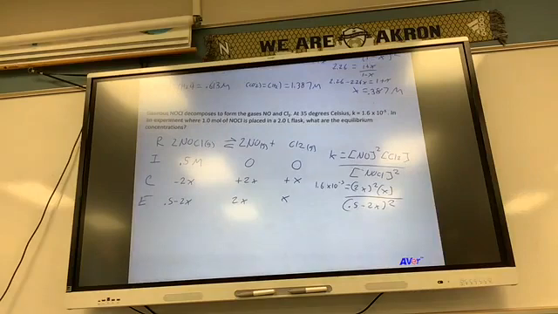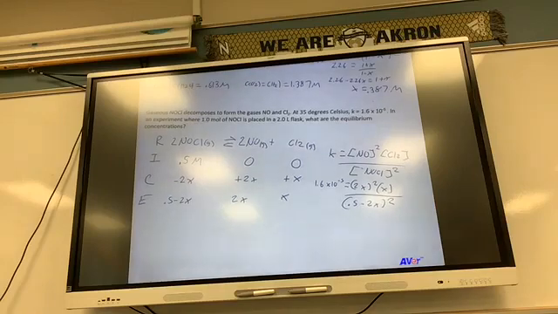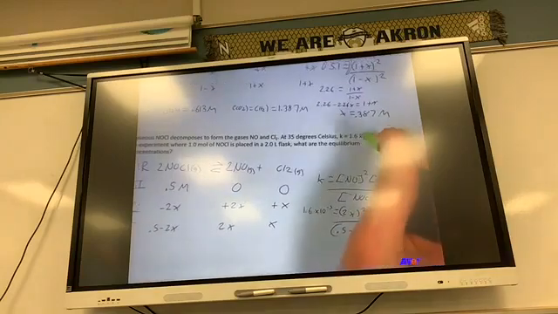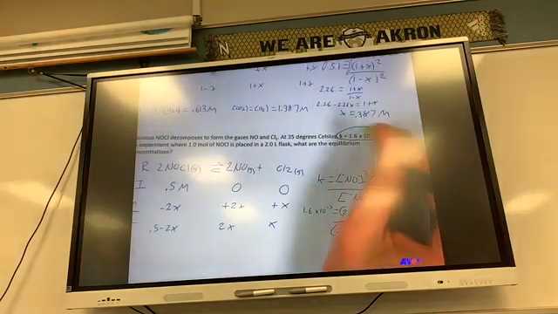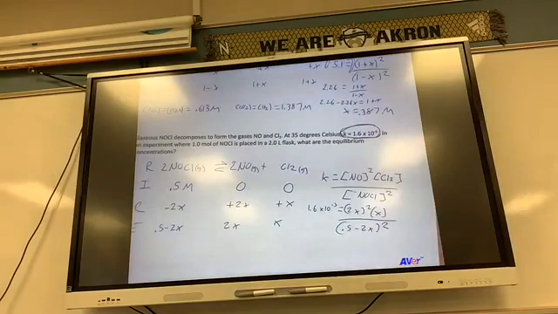Here's the shortcut. If there wasn't a shortcut here, you'd have to do the quadratic formula. Here's what you need to know. K is really, really small. Agreed? When K is small, it's barely going to go to the right.